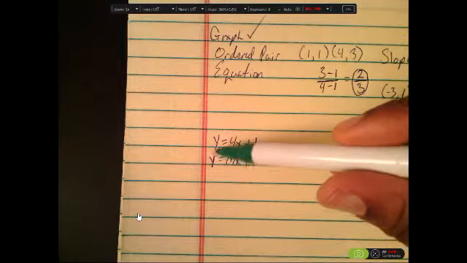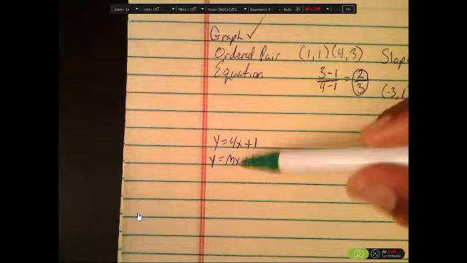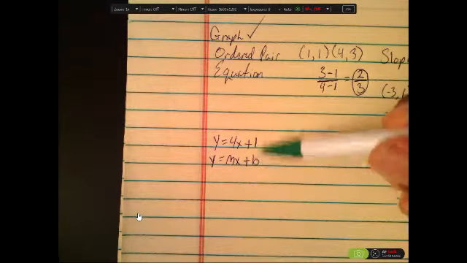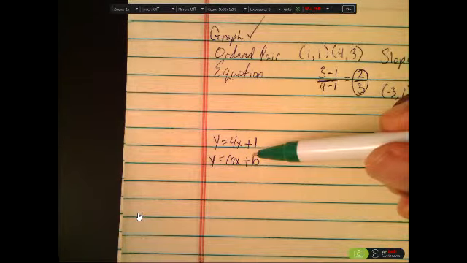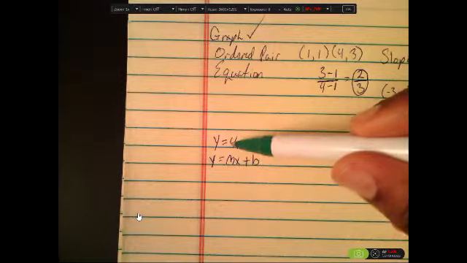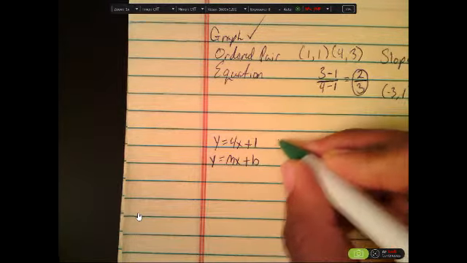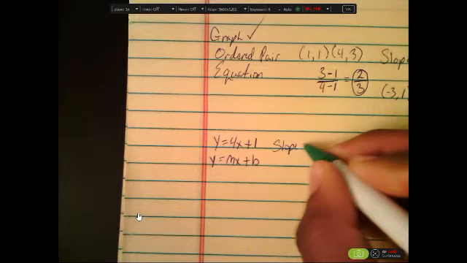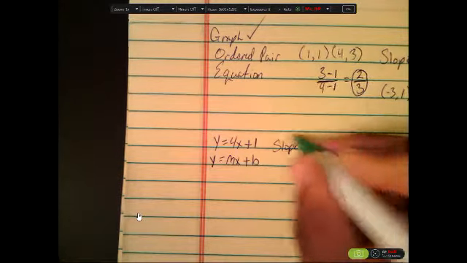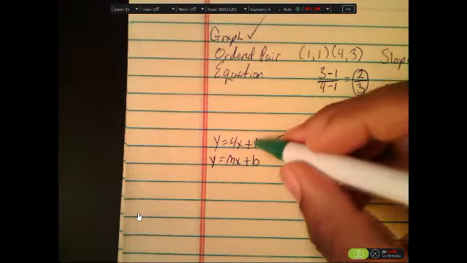And you can see very simply y is by itself. Your slope is attached to that x variable, and then you've got one constant by itself. So this is in y-intercept form. And once it's in y-intercept form, you know automatically that m represents your slope. So our slope is 4. Slope equals 4. Wasn't that easy? And of course your y-intercept would be 1.